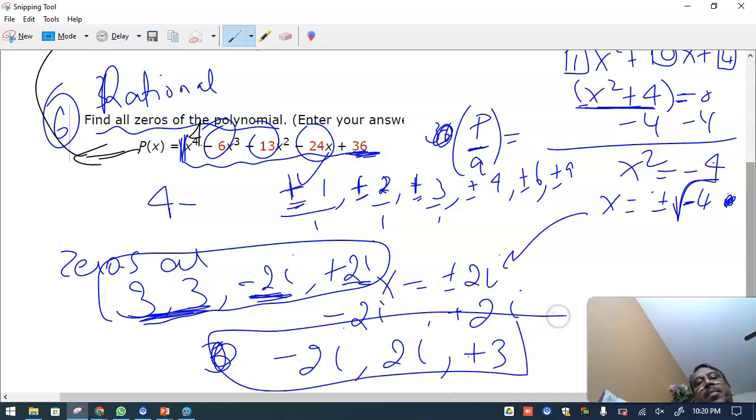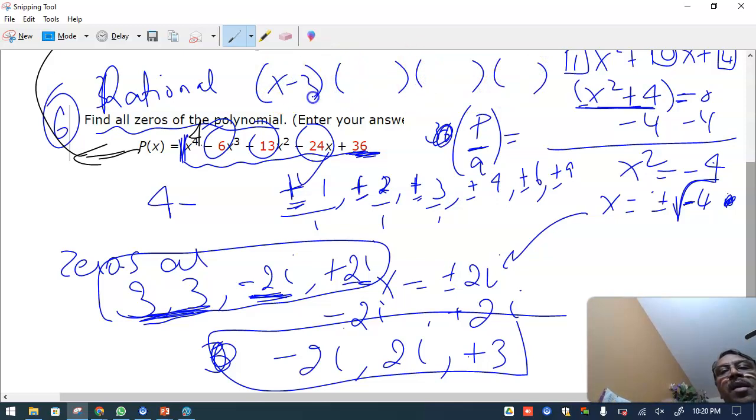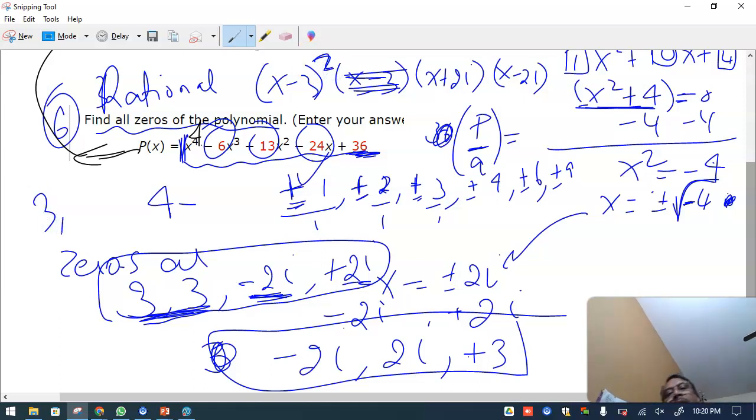If you want to write in factor form, you write x minus 3, x minus 3, x plus 2i, x minus 2i, or you can write x minus 3 squared, because 3 is a zero with multiplicity 2.